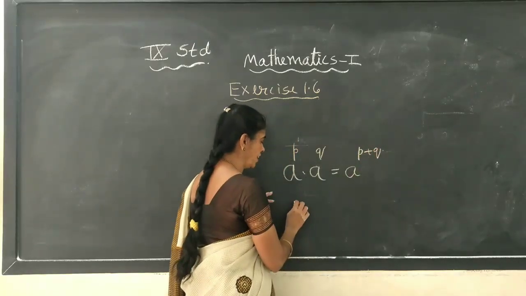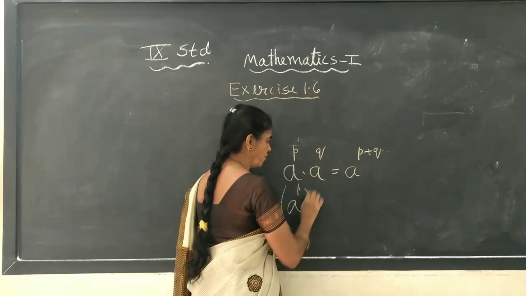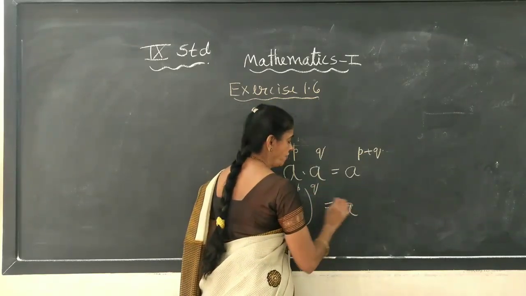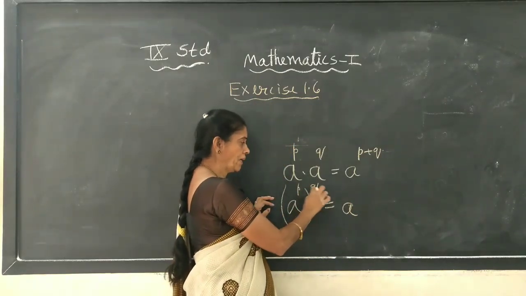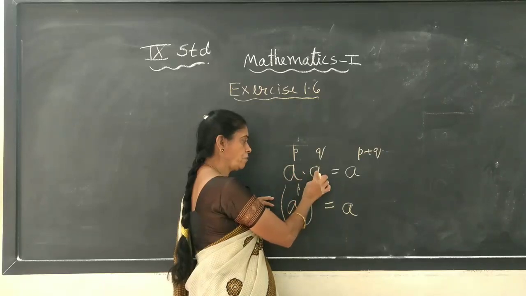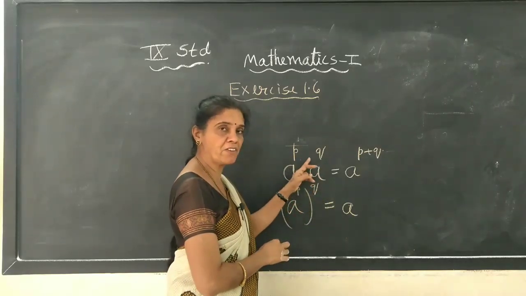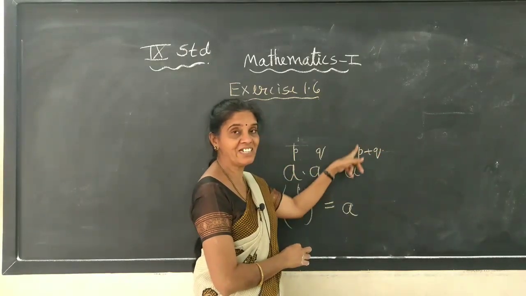That one we have studied. Then a to the power of p, to the power of q, is a to the power of p into q. It is a power of a power, so you have to multiply here. But in a to the power of p into a to the power of q, it is addition of the exponents, the indices we have to add.